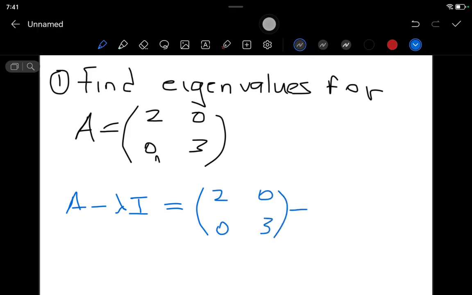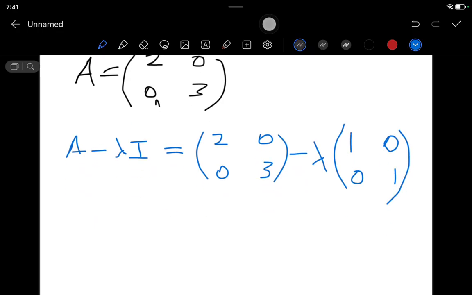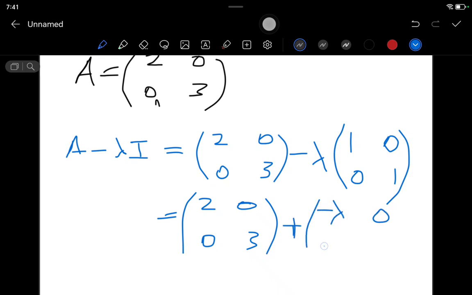2 0, 0 3 minus lambda times 1 0, 0 1, because we're dealing with a 2 by 2 matrix. Now this will just be 2 0, 0 3 minus lambda 0, 0 lambda.